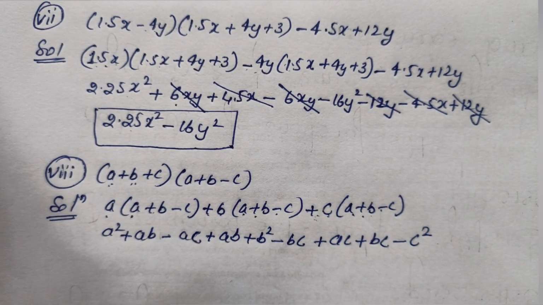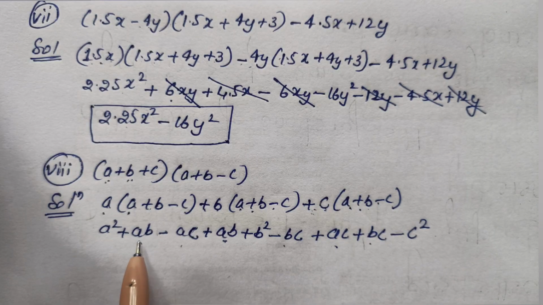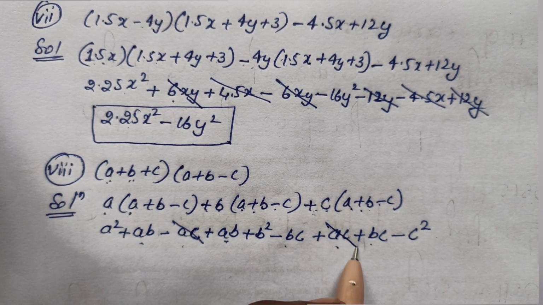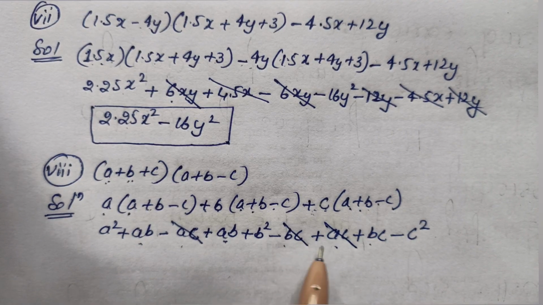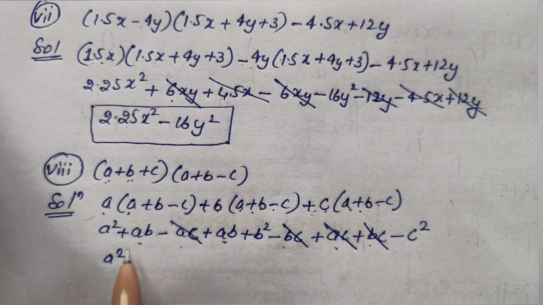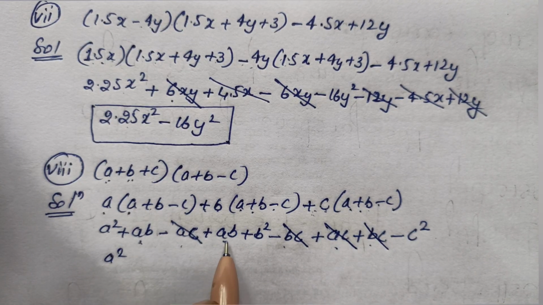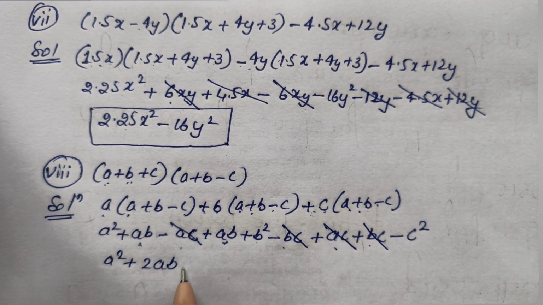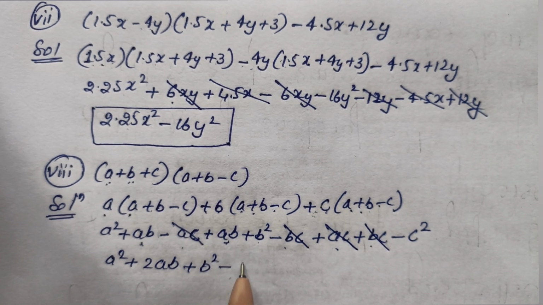Now here minus ac plus ac gets cancelled, minus bc plus bc gets cancelled. Now we can write it as a square, one ab plus one ab, so we'll get it as 2ab plus b square minus c square. So this is the answer.